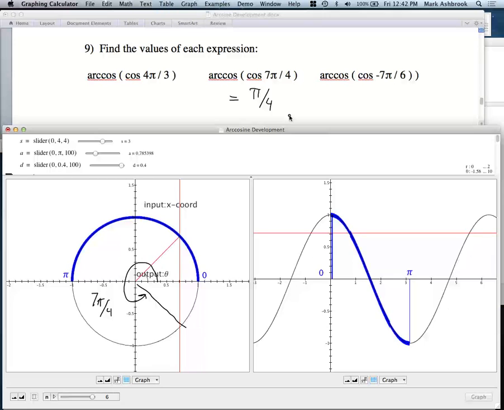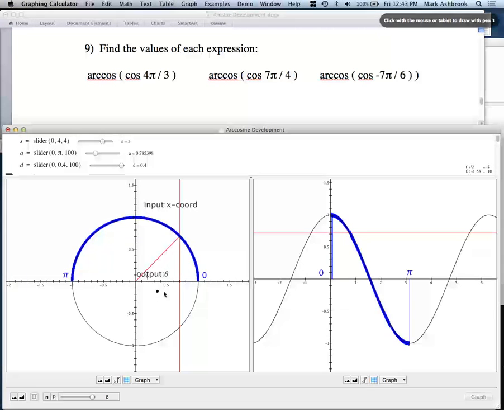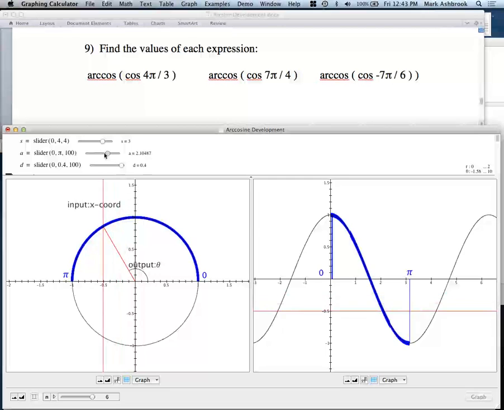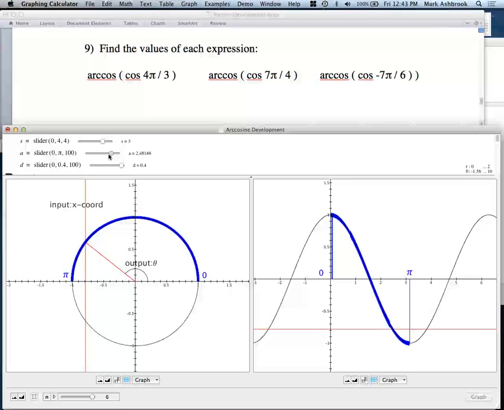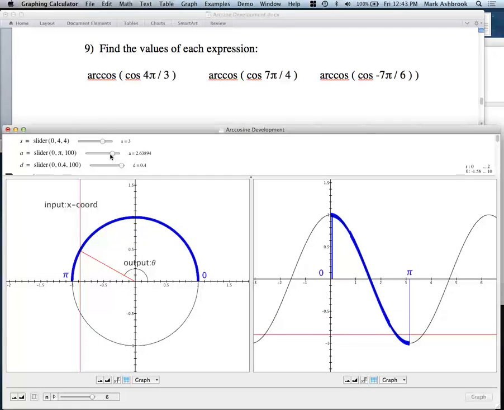Last one. Volunteer. Cosine of negative 7 pi over 6. Yeah, Ryan. So it would be negative square root of 3 over 2. Okay, so I'm going to draw that angle, negative 7 pi over 6. Negative 7 pi over 6 would be this angle right here.